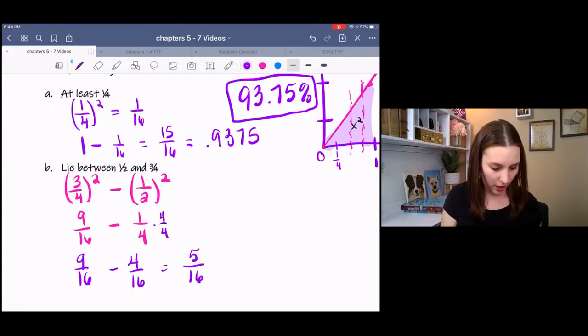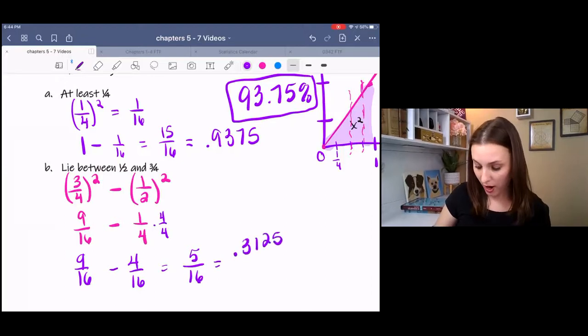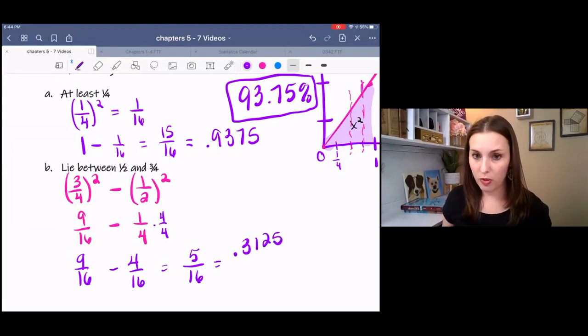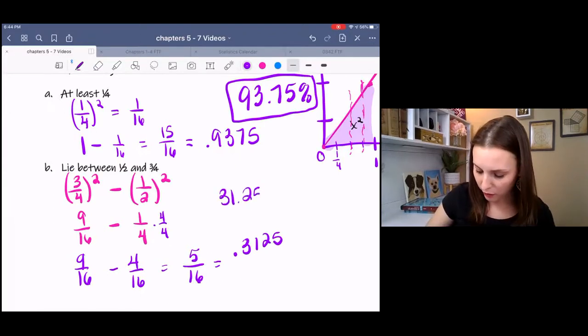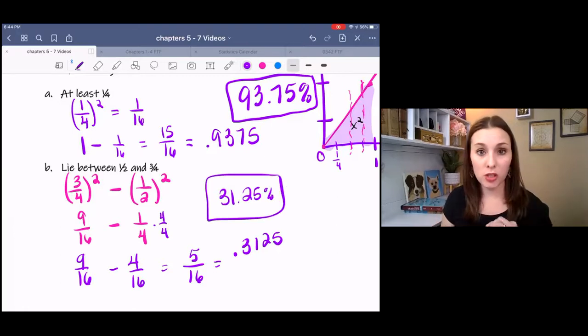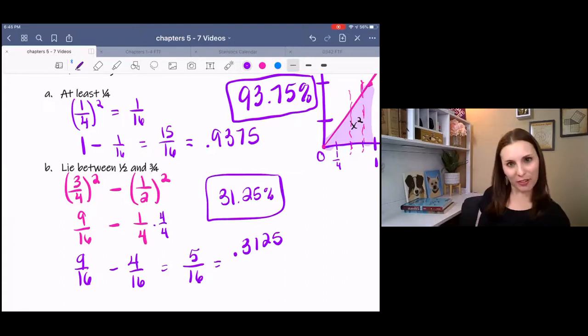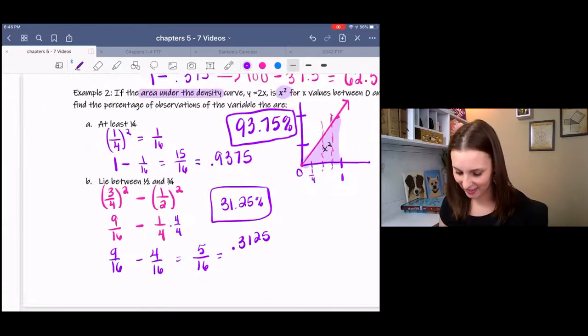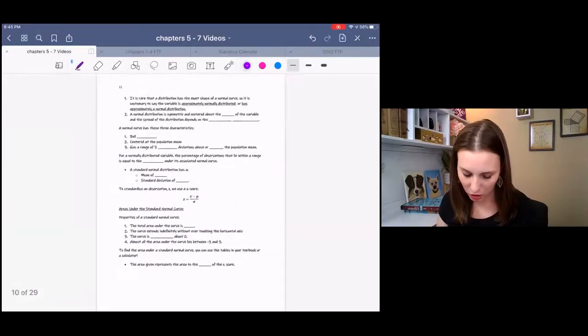If I divide that, I get 0.3125. So that is 31.25% of our observations lie between 1/2 and 3/4. So not too bad, right? Okay, next page.